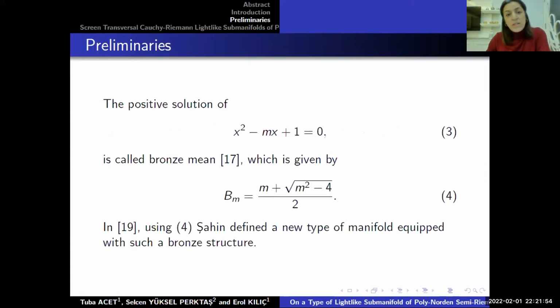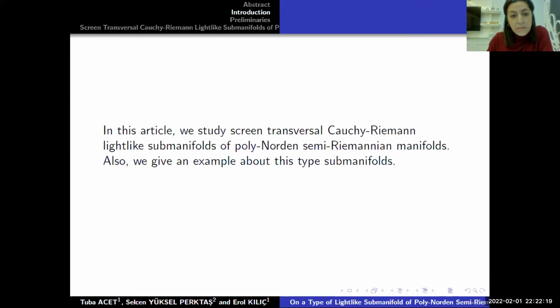The positive solution of equation 3 is called bronze mean. This is the definition of Kalia, and this bronze mean is given by the equation and denoted by sigma. Using this bronze mean, Shine defined a new manifold with such a bronze mean.